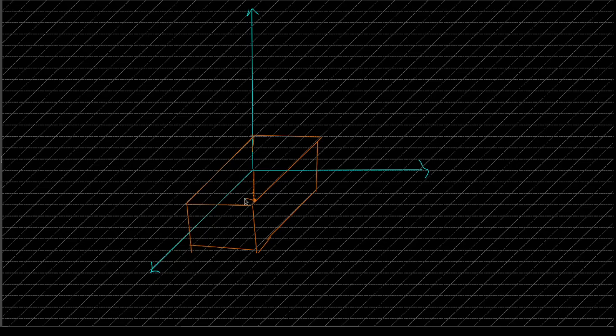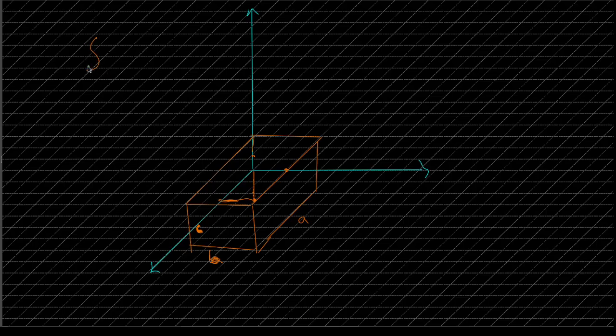And so if this is 0, this is 0, and where it crosses this axis is 0, then if it has a width of a, an x length of a, a y length of b, and a z length of c.